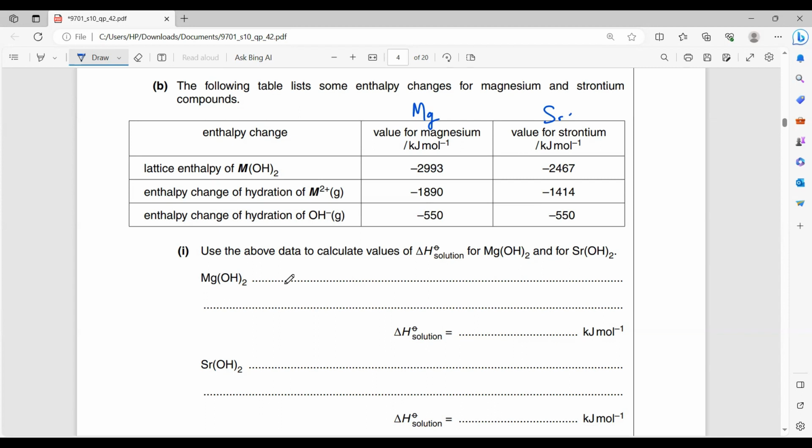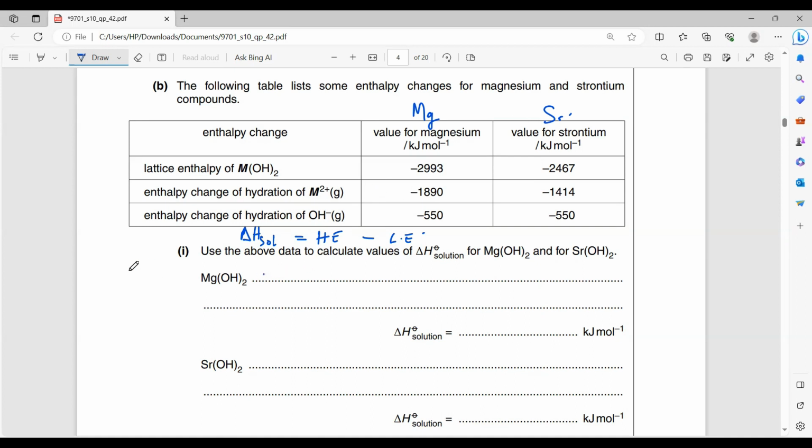So what is the enthalpy change of solution? You already know the formula: it equals the hydration energy minus the lattice energy. And what's the hydration energy for magnesium?